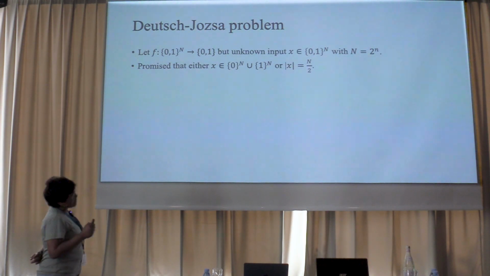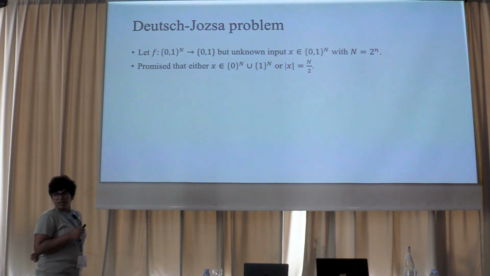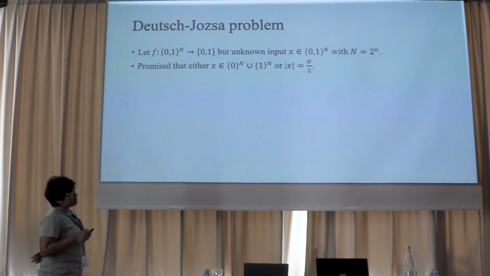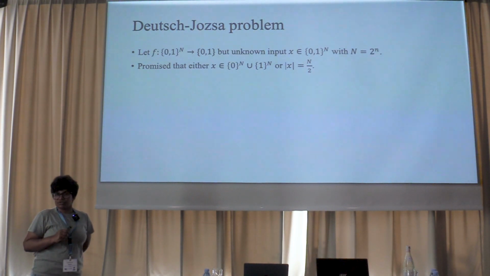But now I'm additionally promised that I don't need to have all the inputs. I only need to understand how the function behaves on these kind of inputs. So either my x will be an all 0 string, meaning 0, 0, 0, 0, n of them, or it is an all 1 string, which means 1, 1, 1, 1, till n, or it has strings of exactly n/2 ones and n/2 zeros.